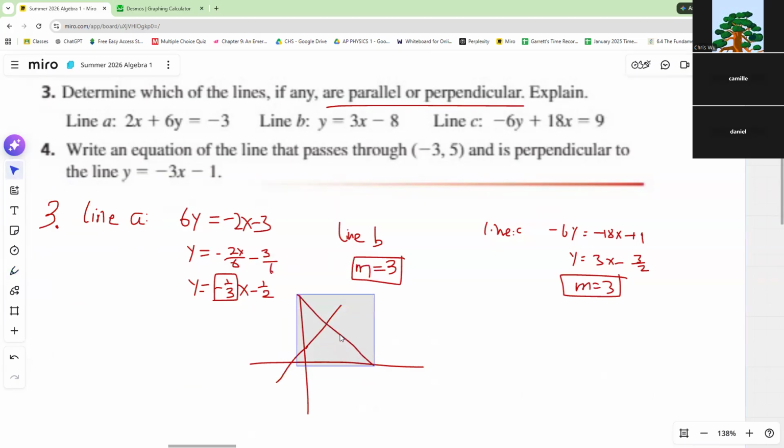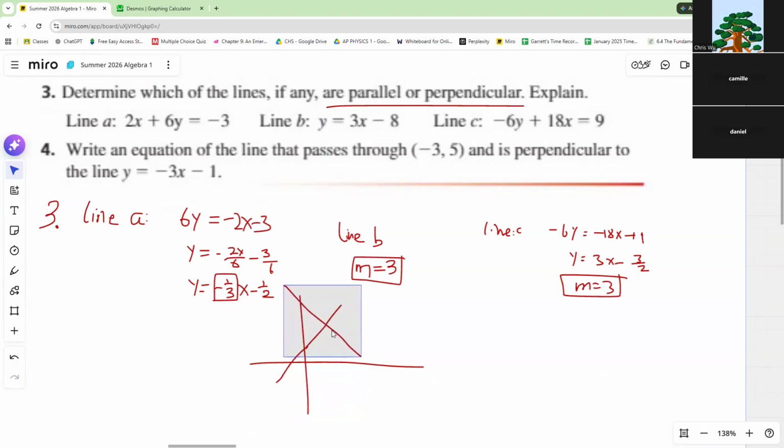But listen, first you see these two lines are perpendicular, right? But I can move this line up and down. They're still perpendicular. When I move it up and down, what am I changing? I'm not changing the slope, I'm changing the y-intercept, right?